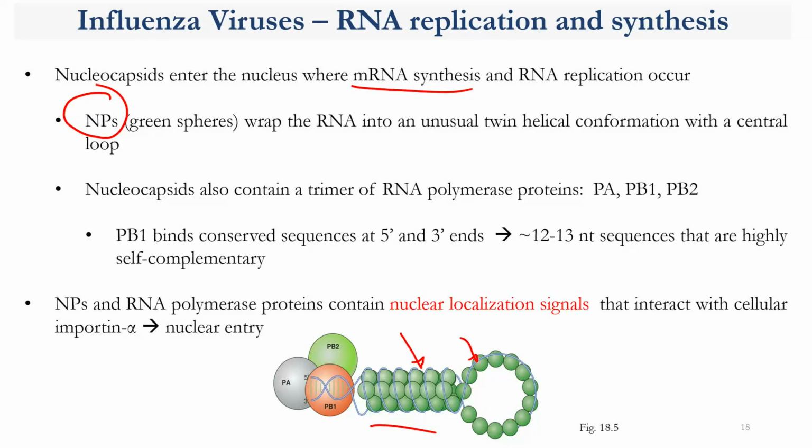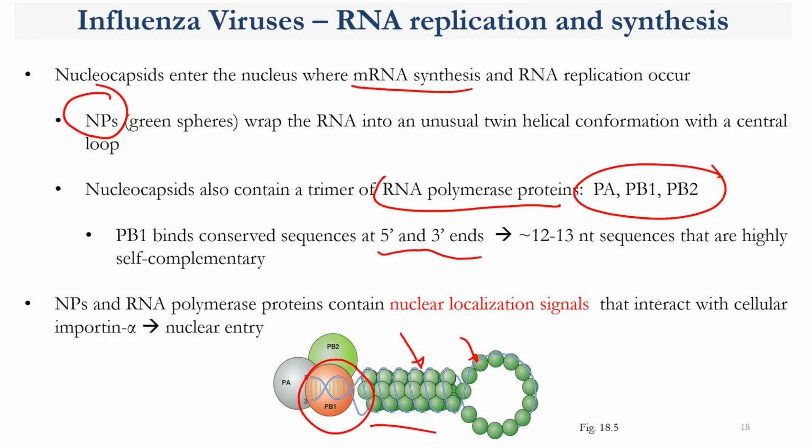Okay? Now, these nucleocapsids also have a trimer of RNA polymerase proteins, the proteins we saw earlier, PA, PB1, and PB2. The PB1 actually binds to the conserved sequences at the 5' and 3' end.